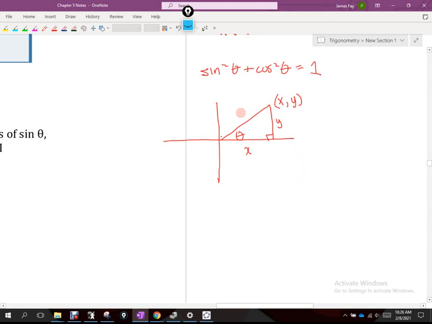We can find this r by taking x squared plus y squared, which should equal r squared, right? We even had the formula earlier where we defined our trig functions in terms of x, y, and r. We had a formula in the definition that said r was equal to the square root of x squared plus y squared.